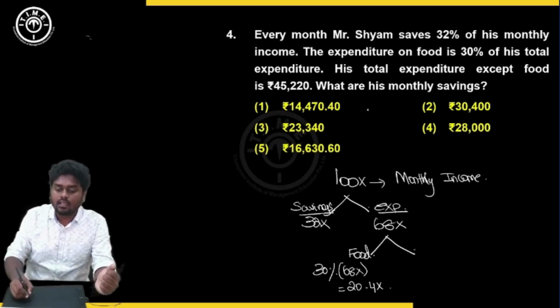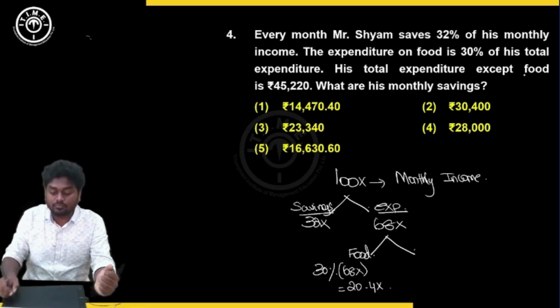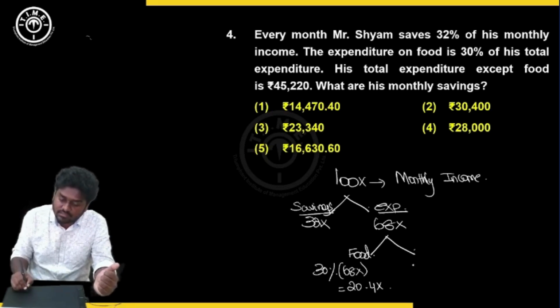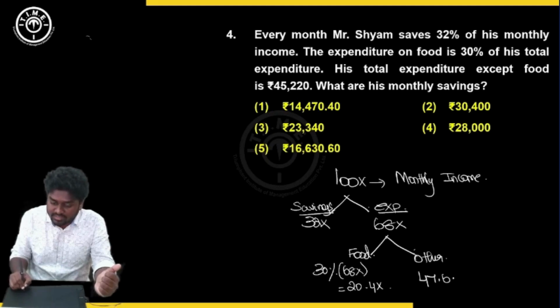Then what they have given is total expenditure except food. So if we subtract 20.4 from 68, we get 47.6. The other expenditure except food is 47.6x.